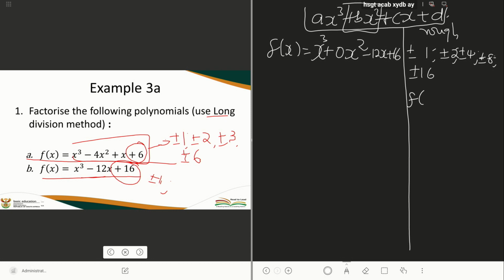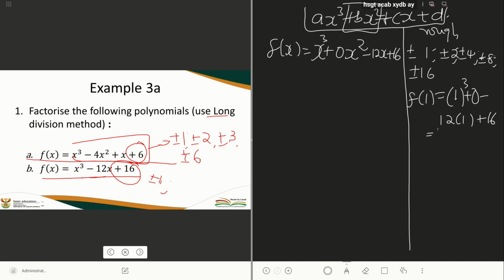Now you need to find your f at 1 using the first factor. Use your trial and error method. F at 1, we have 1 all to the power 3. Then 0 multiplied by x squared will just give us 0. I'll just write plus 0 minus 12 into 1 plus 16.